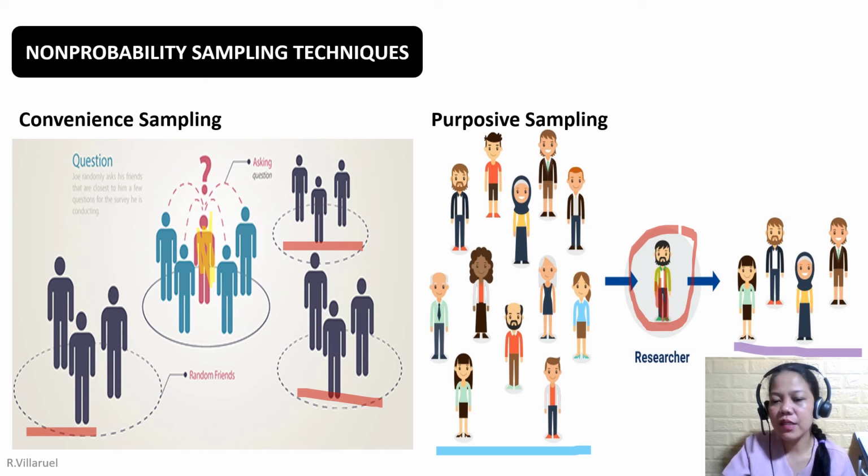So, pwedeng si researcher, if he will use yung purposive sampling, pwedeng ang condition niya, yung mga batang ang average ay 90 above or 74 below. So, lahat ng members ng target population na makapag-satisfy dun sa given condition niya automatically becomes his sample or his respondents.